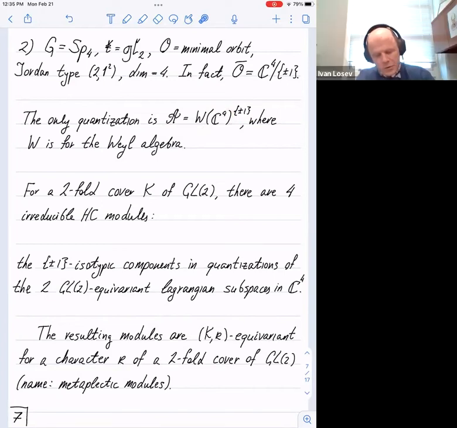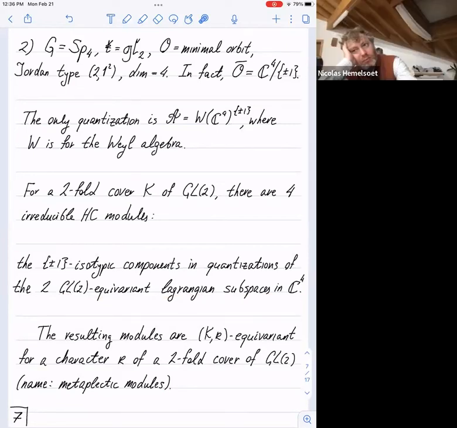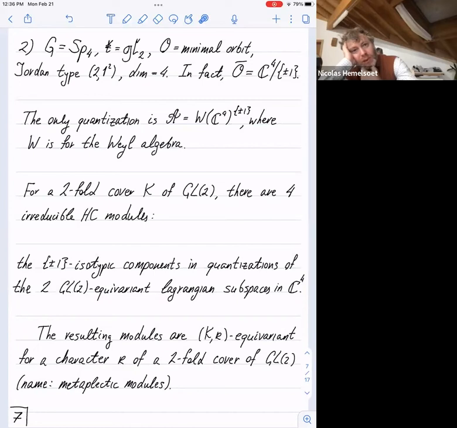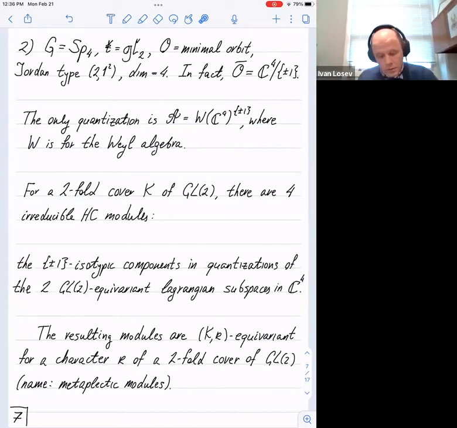Now, if I want Harish-Chandra modules, I will need to pick a 2-fold cover of GL2. And these are so-called metaplectic representations. Turns out that there are 4 of them. And what you do is the following. Inside of C4, you have 2 Lagrangian subspaces, which are GL2-equivariant. If your C4 is T star of C2, then you take C2 and the cotangent factor. And we can quantize them to modules of this Weyl algebra WC4, which are differential operators on C2.